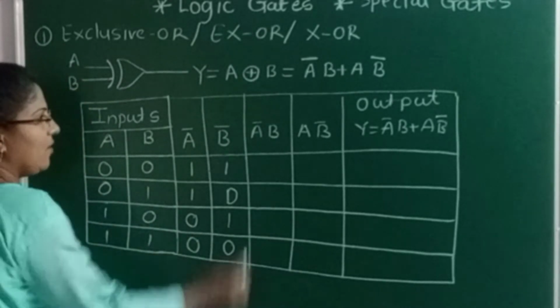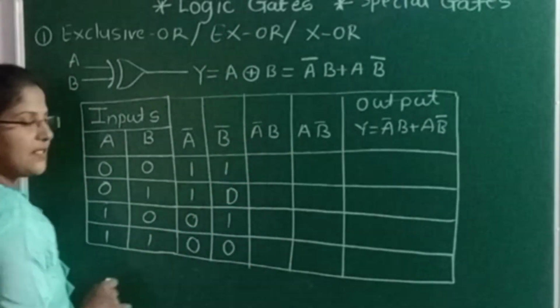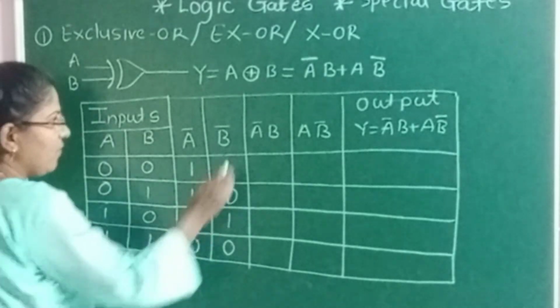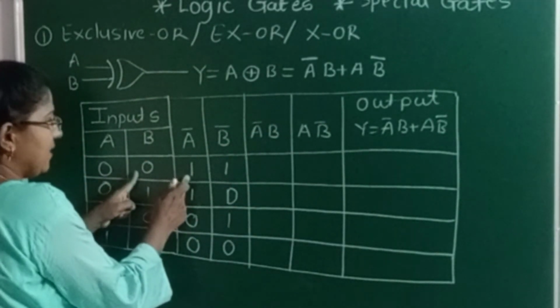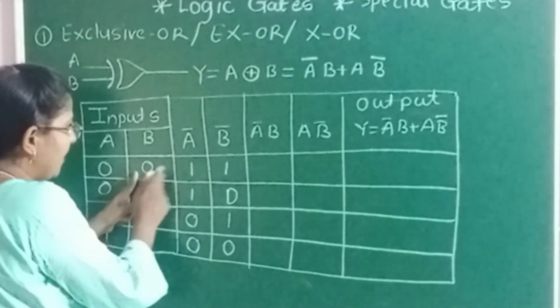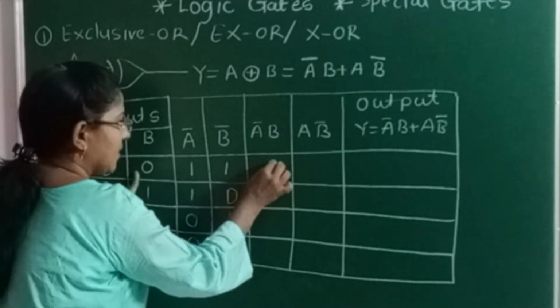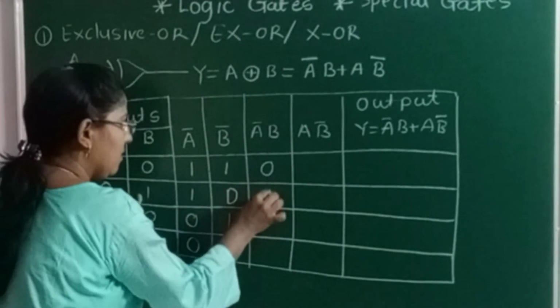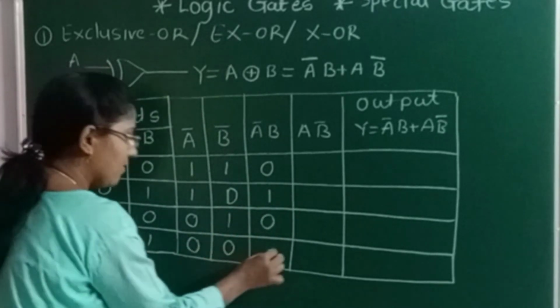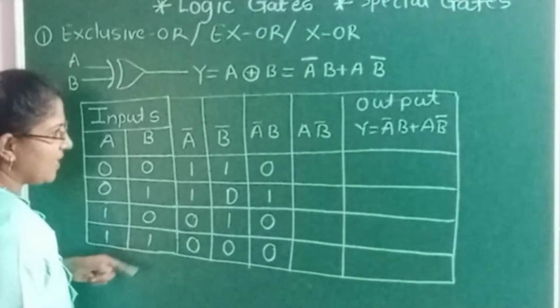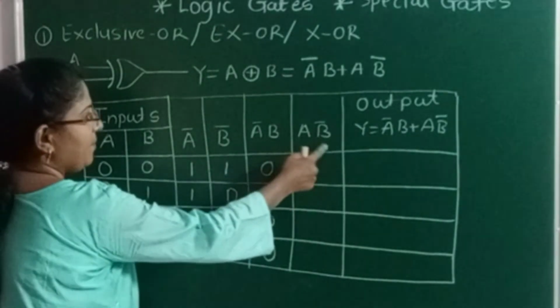Now I need to find out A complement B. That means I have to take the multiplication of the values of A complement and B. So multiplication of these two columns: 1 into 0, 0; 1 into 1, 1; 0 into 0, 0; 1 into 0, 0. Now next I need to find out A B complement.